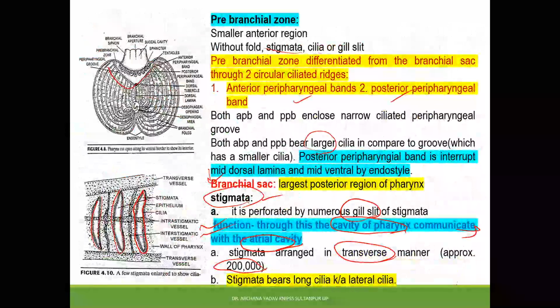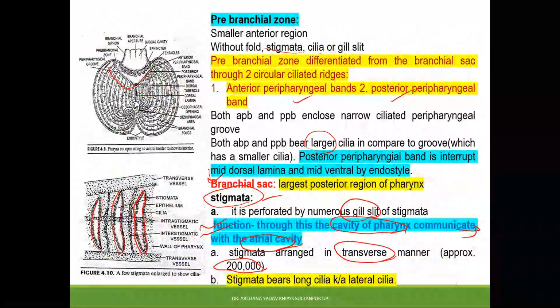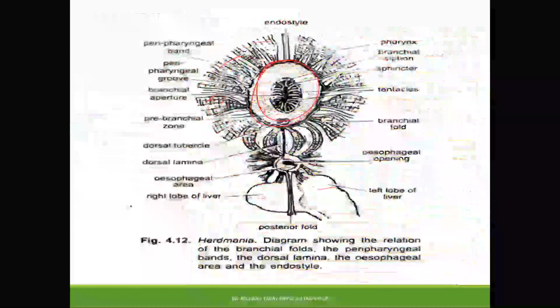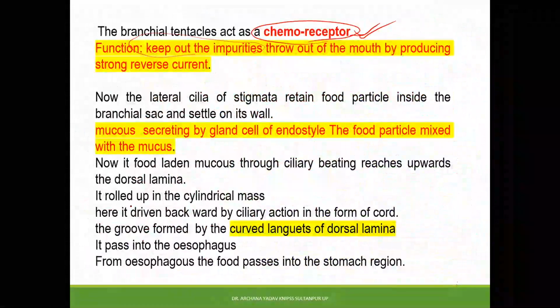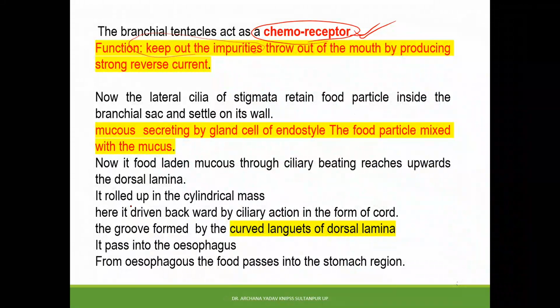In this picture, this one is the lateral cilia. This lateral cilia retains the food material, and the food material settles on this branchial wall or pharyngeal wall.